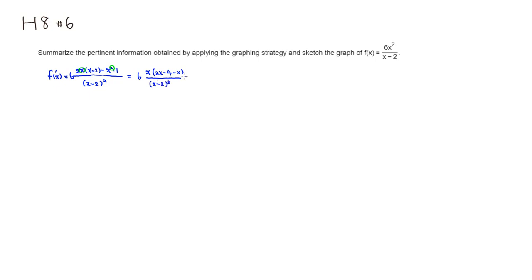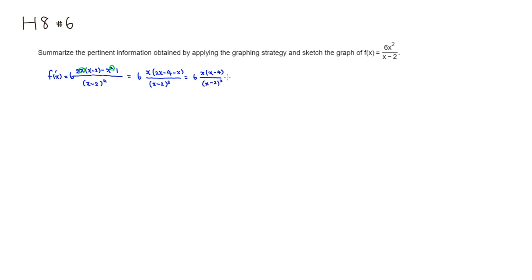We can clean this up a little further: 6 in front, and x times, 2x minus x is x, so x minus 4, over x minus 2 squared.